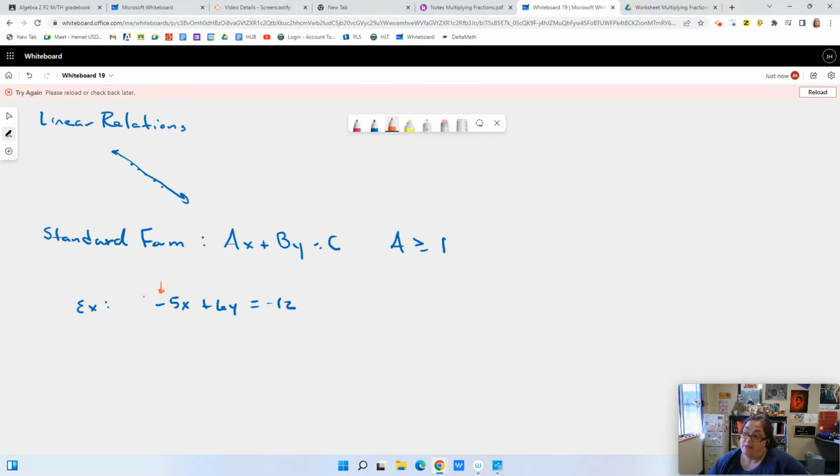And the way we would handle it, anytime that's your only problem, is that you need to change a sign on something. If you multiply everything by negative 1, it changes the signs of everything. So I would just multiply this times negative 1, and I would have 5x, but I would have to multiply each piece, so minus 6y equals positive 12. And now it's in that standard form of an equation, and that was a really easy fix for us.